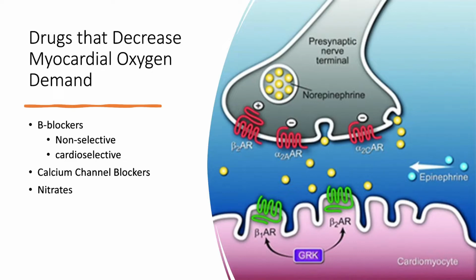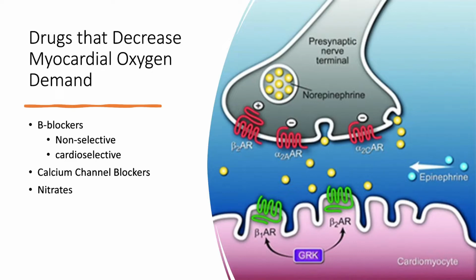And so what happens is if you block the beta 1 receptors in the heart, you have a tendency to also block the beta receptors in the lungs, which could cause bronchospasm. It would cause vasoconstriction. And that's because in the lungs, the sympathetic nervous system dilates the airways.